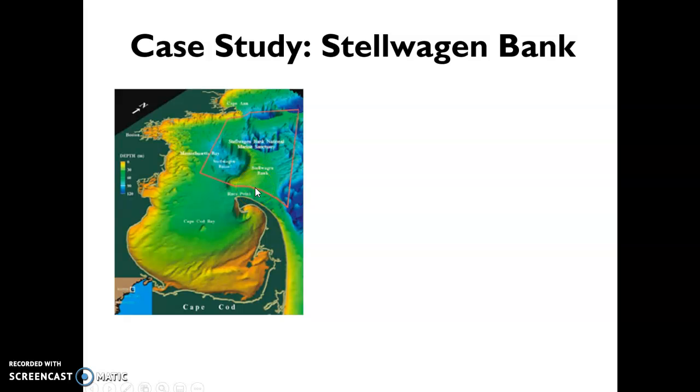It's a plateau, basically, that was also formed the same way Cape Cod and the islands were formed from glacial deposits. And because it's shallow, there's a lot of sun penetration, a lot of light, and there's a lot of biodiversity there. If you go onto the Stellwagen Bank website, you can actually see different things like the seafloor surface there, and it's teeming with life.